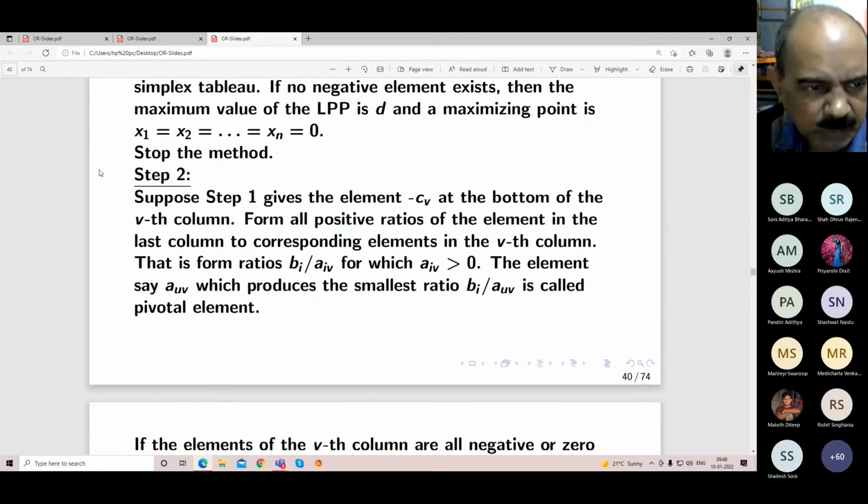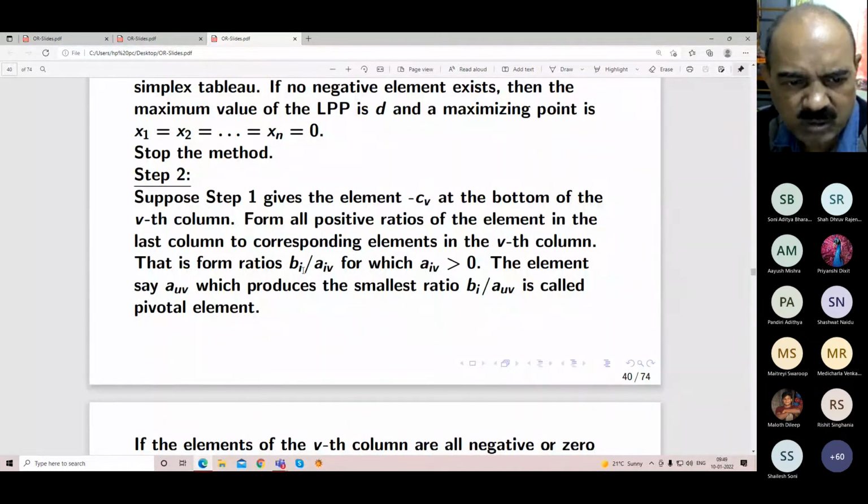Step 2. Suppose step 1 gives element minus Cb at the bottom of the bth column that is available. Form all the positive ratios of the elements in the last column corresponding to the elements in the bth column.